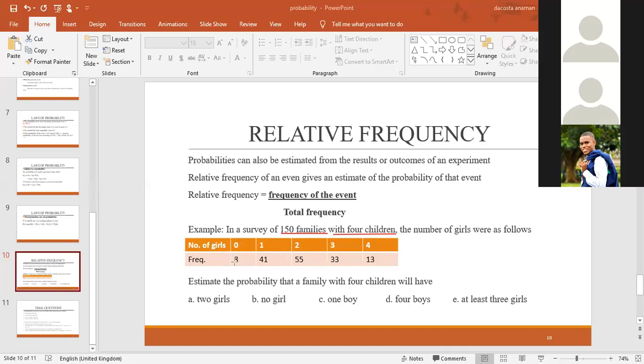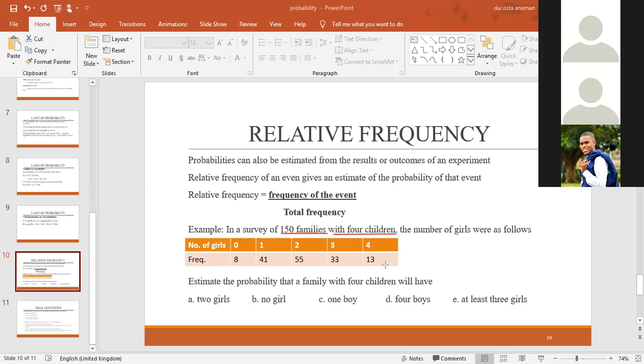Families with only 1 girl, meaning 3 boys, were 41. When they have 2 girls, meaning 2 boys, they were 55. When they have 3 girls, meaning 1 boy, they were 33. And if they had 4 girls, it means there was no boy in that family. They were 13.